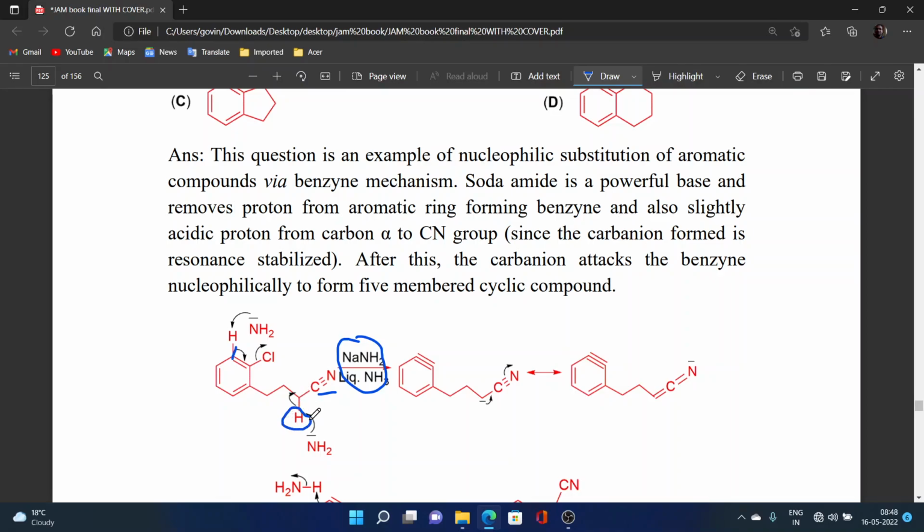Now this proton is acidic to a certain extent. Why? Because if you remove this proton, the conjugate base formed is stable. That means after removal of the proton it is still stable, so it does not mind being removed, and therefore this proton is acidic. So this one removes the proton and you get a negative charge here which is stabilized like that.